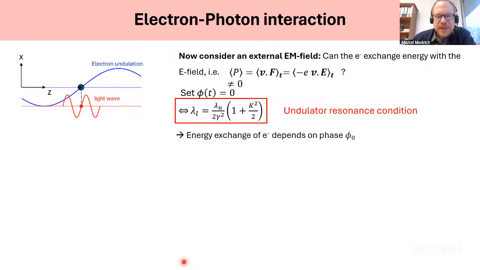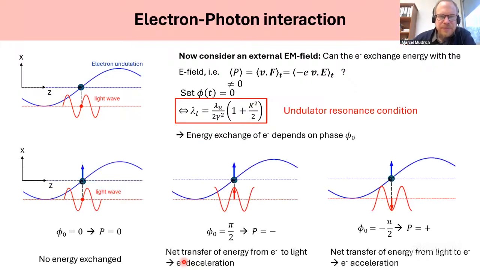Yes, and then it depends on the actual phase whether we have no coupling or we have net transfer of energy from electrons to light, or the reverse coupling, like net transfer of energy from the light to the electrons.